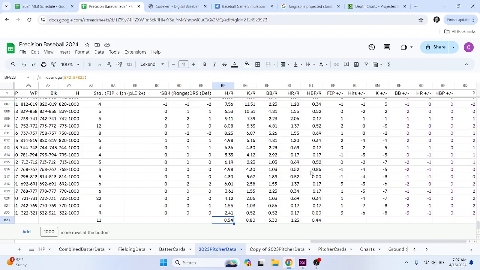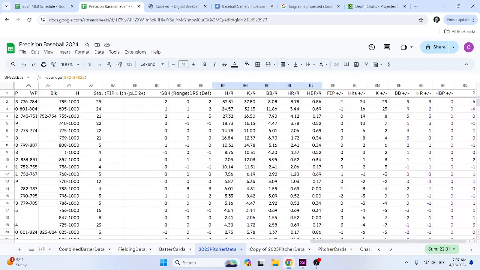So if everybody was pitching 52 innings, their strikeout rate would be 8.8 or 3.3 walks. So we've sort of averaged everybody out here. And then we take their plus or minus numbers here. So this is how many hits plus or minus that average that this player has given up.